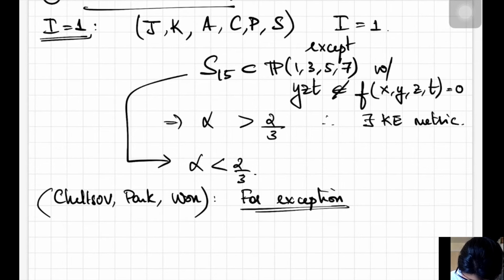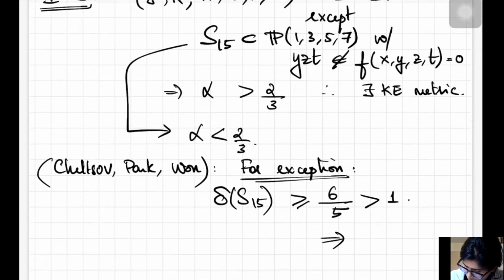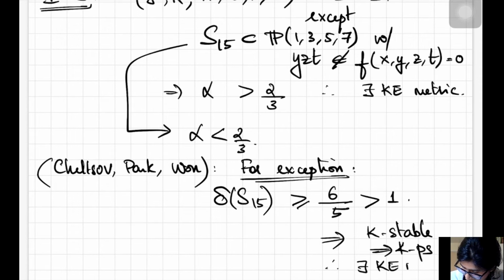The way they proved this is by showing that the delta of this is greater than or equal to 6/5. It's just an estimate, but that's good enough for us because this is greater than 1. And from the thresholds I had given you, this means it's K-stable, which implies it's K-polystable, and therefore there exists a Kähler-Einstein metric.